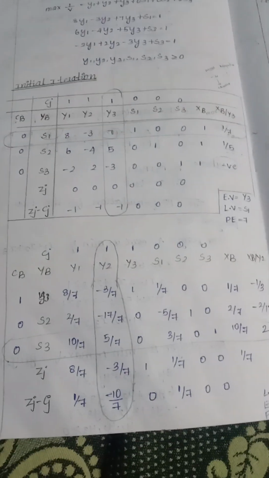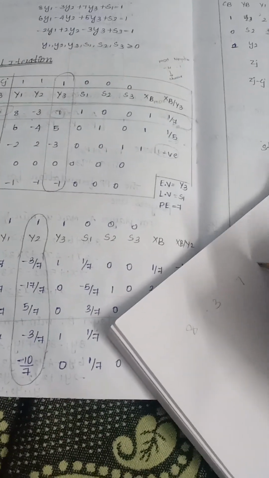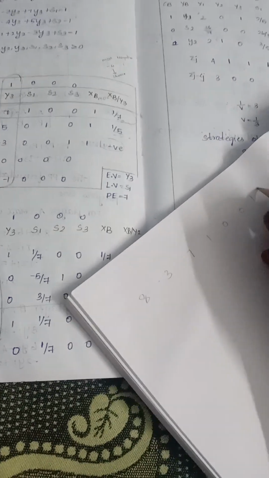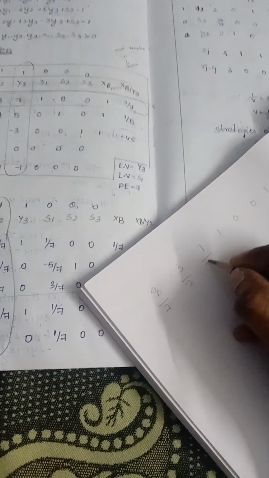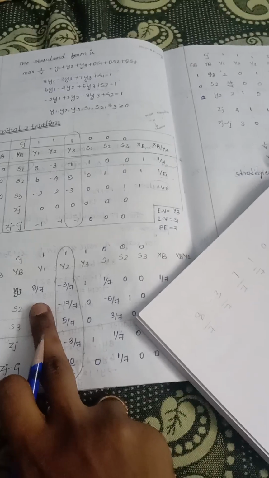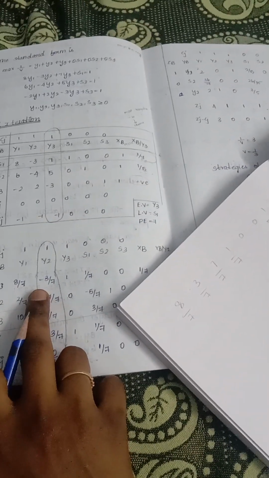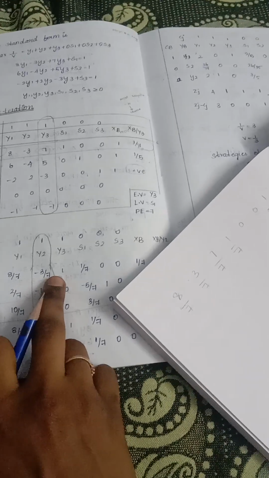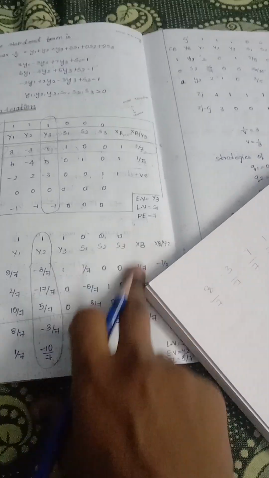How do we convert it? The row is 8, minus 3, 7, 1, 0, 0, 1, 1. If we divide by 7, what do we get? So 8 by 7, minus 3 by 7, 7 by 7 is 1, 1 by 7, 0, 0, and 1 by 7.